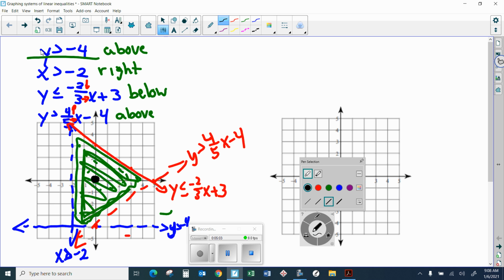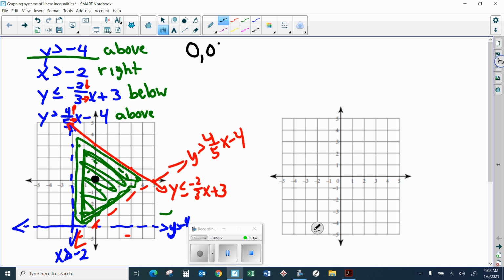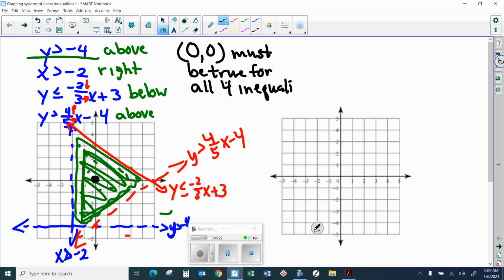It has to be true for all four inequalities. If it is, then that's the right region. If it's false on one of them, you've shaded the wrong region.